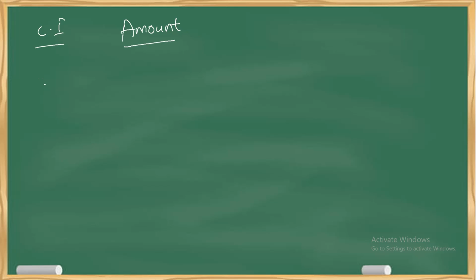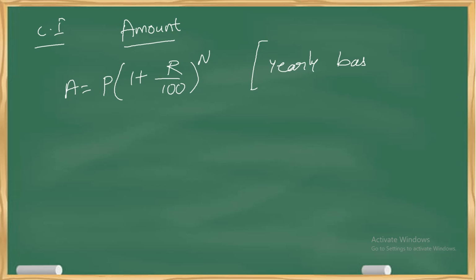Now the amount formula is A is equal to P into (1 plus R by 100) whole power n. This is on a yearly basis. So what is meant by yearly basis?